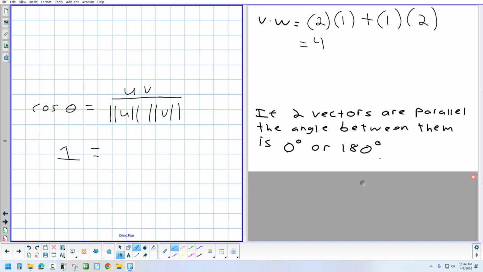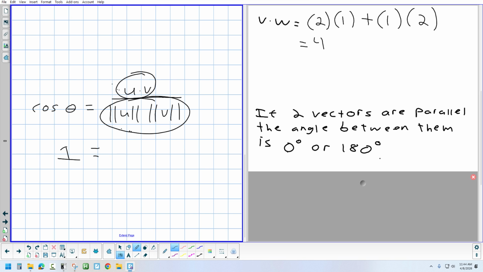What has to happen? Yep. If the numerator and denominator are the same. Right. The numerator and the denominator have to be the same. But the only way you can know they're the same is if you actually know what the numerator is and what the denominator is. So no, there's really no shortcut here. You have to know both. You can't tell if they're the same if you don't know both.